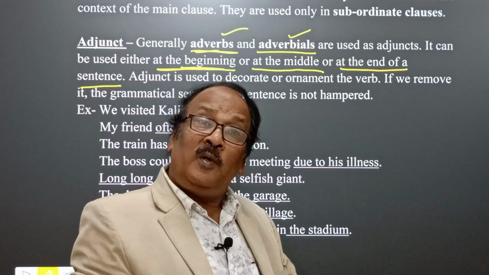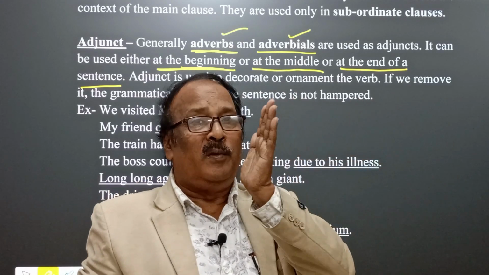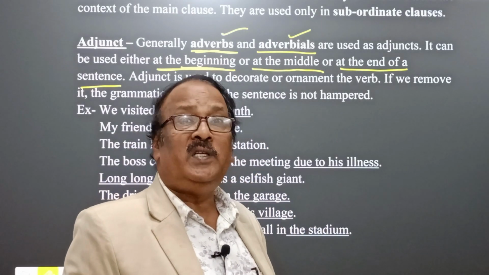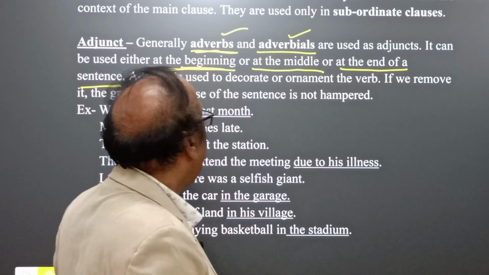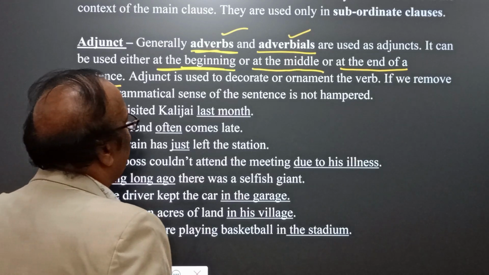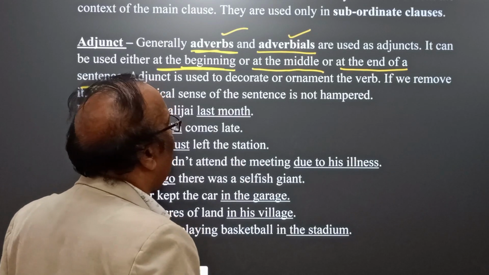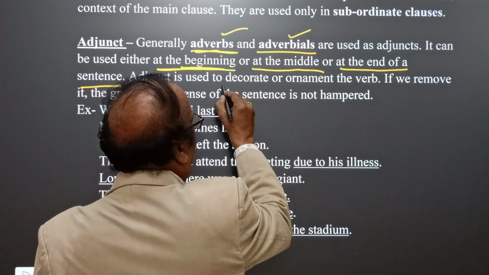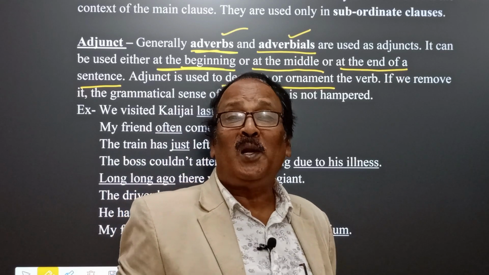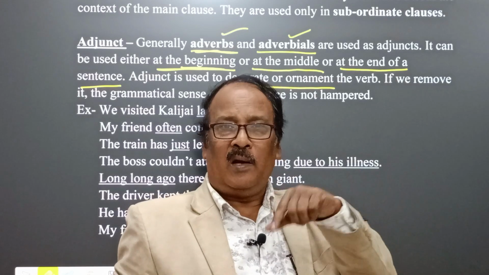Adjuncts can be used at the beginning or in the middle or at the end of the sentence structure. This is a very interesting factor in connection with the matter. And here we find an adjunct is used to decorate or ornament the verb. Yes, we have already discussed that ornamentation of language can be made by adjective or adverb.